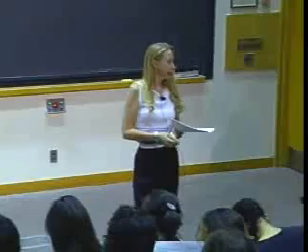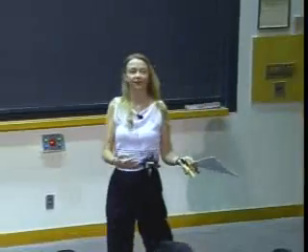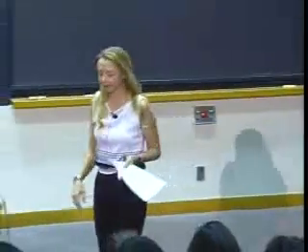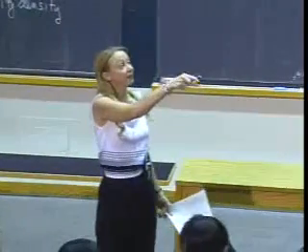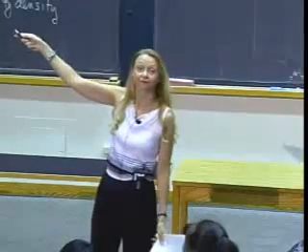But the other quantity that we would like to know something about is a probability. We'd like to know something about how far the electron is from the nucleus. And in order to do that, we needed to invoke this concept here, the radial probability distribution function.